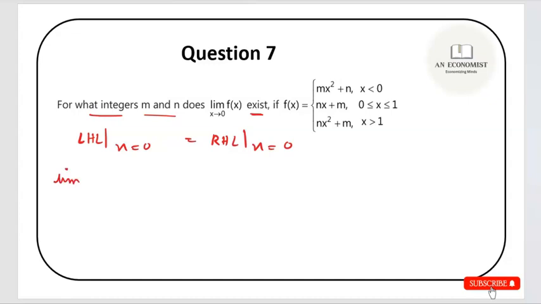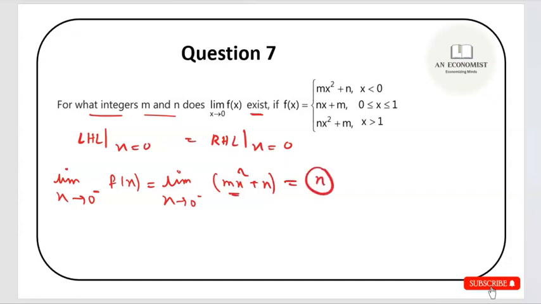Limit x tends to 0 minus f of x is what? Now if you see from the left hand side, this is the function, right? m x squared plus n. Put 0 instead of x, so this part will be 0 and you will be left with n.